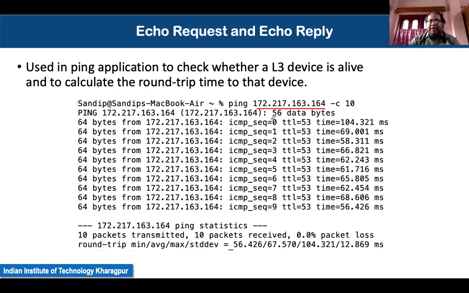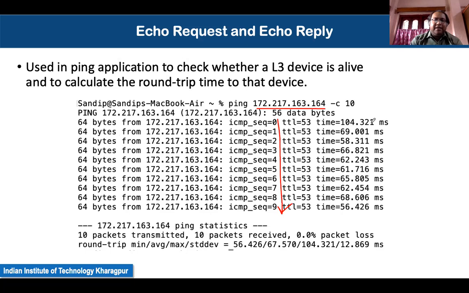You see that it sends ICMP echo request packets, and from there it gets the round trip time between the two hosts. You can also find out whether that machine is alive or not. If the machine is not alive, you will get a message that the machine is unreachable.